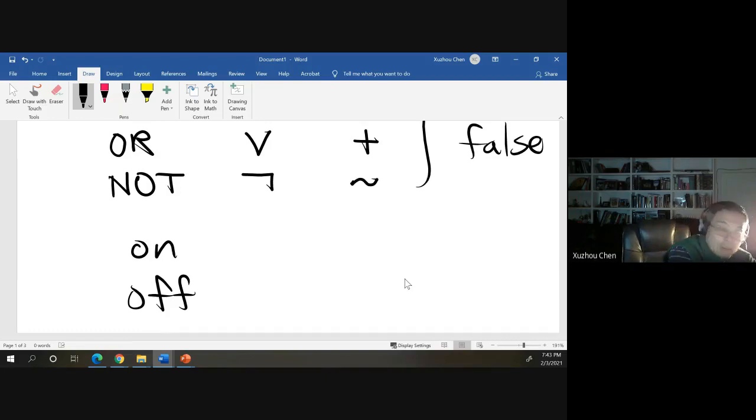When you apply this concept to the switch, you can use on and off. On normally means you have electricity flowing in the wire. Off means there's no electricity in the wire.